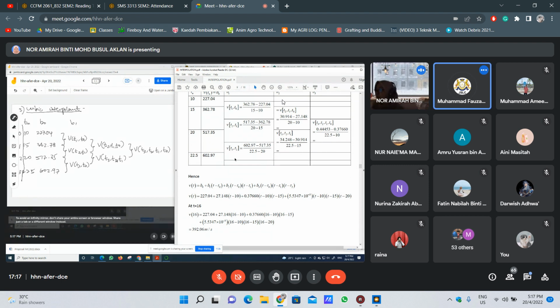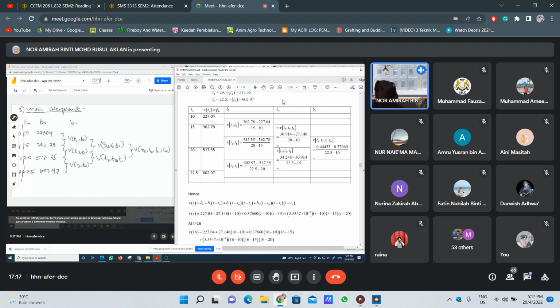Faham? Dia sebenarnya, kalau you tengok B0, B1, B2, B3, kalau awak tengok dari sudut root finding method dulu, this is actually the number of iteration. Lagi banyak number of iteration sebenarnya lagi tepat lah, sebab lagi banyak you punya calculate. You try to find the more accurate numbers.